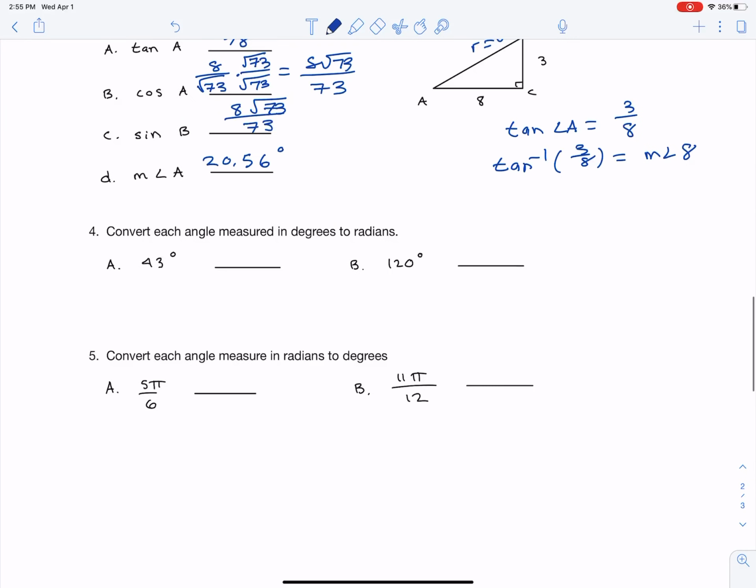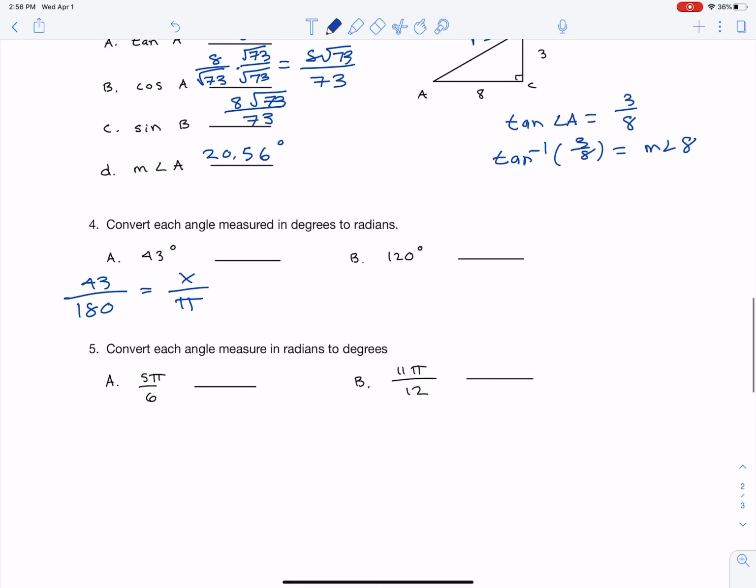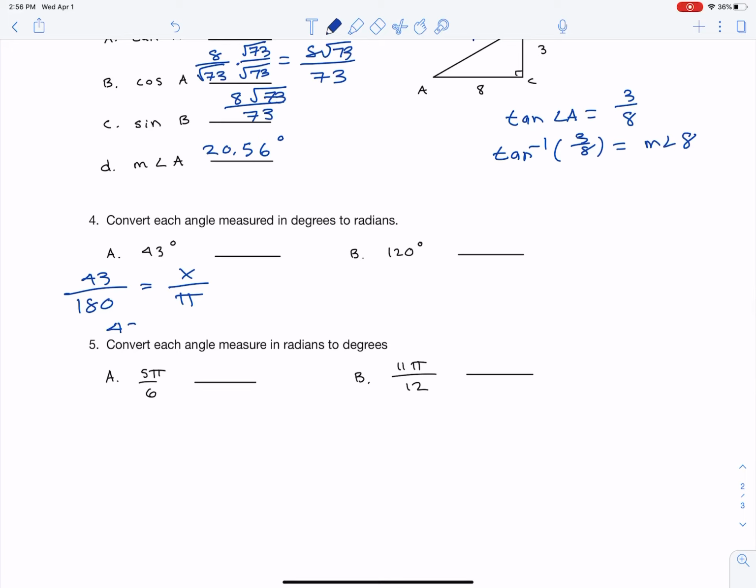Okay, continuing, we are asked to convert angle measures from degrees to radians. So this is 43 degrees. Remember the way this works. I'm going to take 43 is to 180. So 43 degrees is to 180 degrees as x degrees is to, as x radians is to pi. So solving this, 43 pi equals 180x.